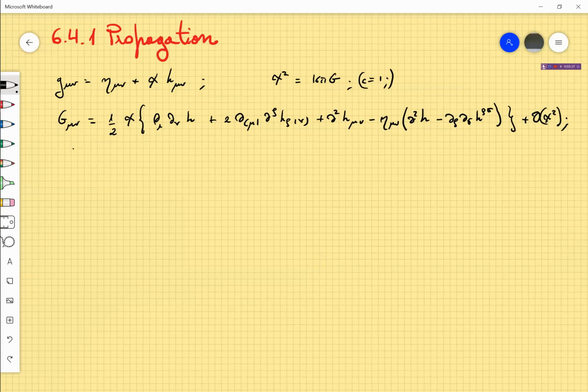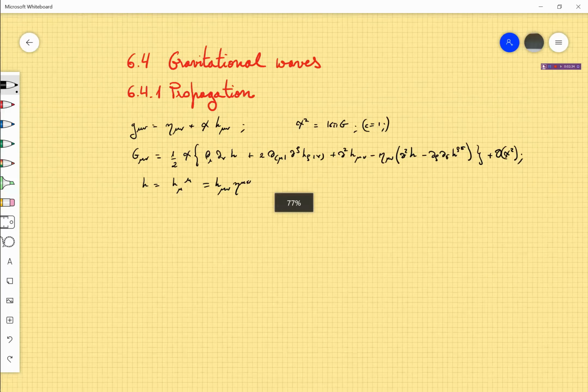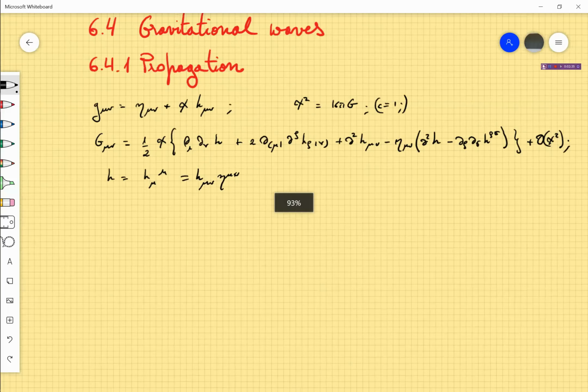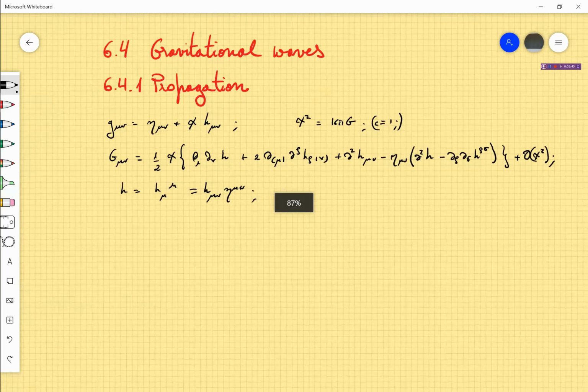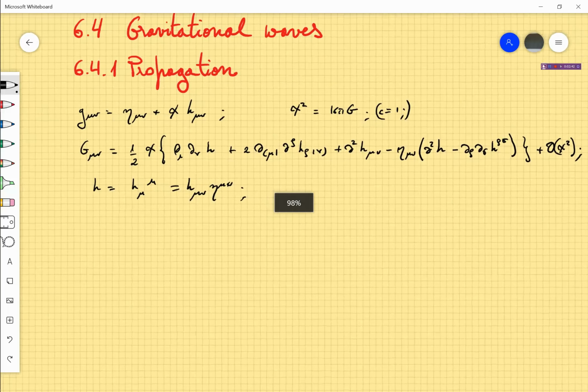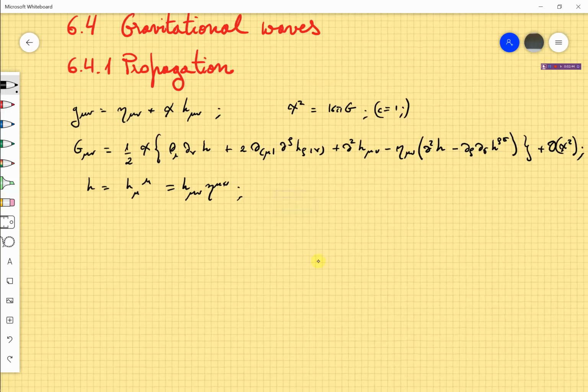So here h is just h mu mu, or h mu nu eta mu nu, because this field h mu nu is going to be treated as a special relativistic field. So the metric effectively is just eta mu nu in this approximation. D squared here is the d'Alembertian.